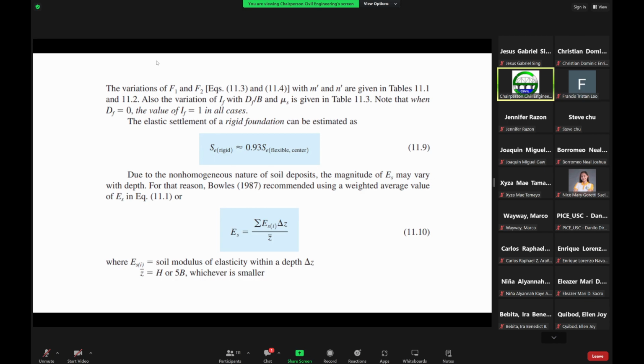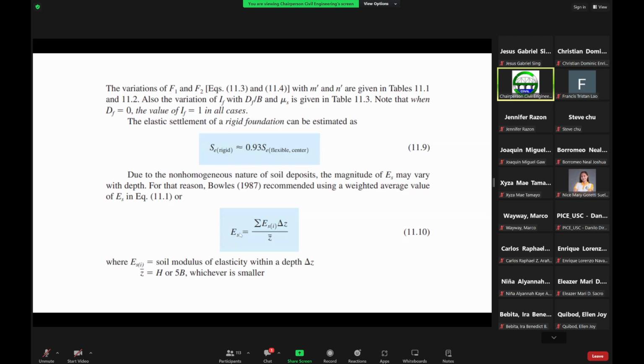Now due to the non-homogeneous nature of soil deposits, the magnitude of the elastic modulus may vary with the depth. For that reason, Bowles in 1987, the literature by Bowles is quite popular here in the Philippines, recommended using a weighted average value for the elastic modulus.